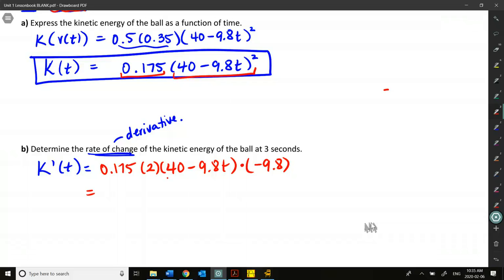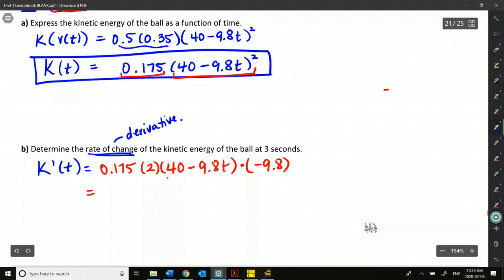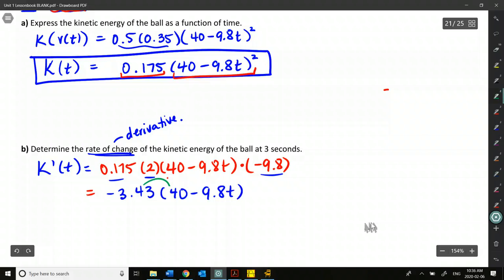Just expanding and simplifying here, if we multiply these things together, we're going to get negative 3.43, and then I'll bring this in to each term.